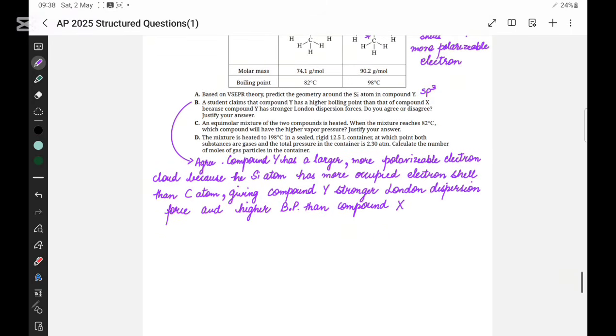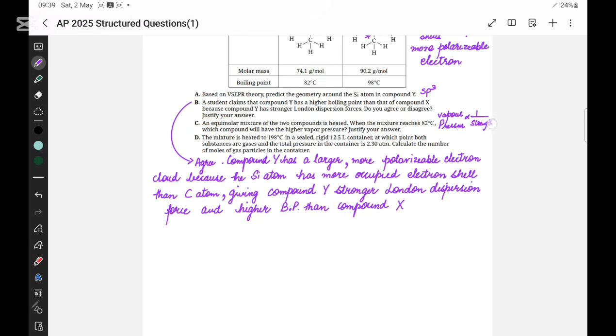They are saying an equimolar mixture of two compounds is heated. When the mixture reaches 82 degrees Celsius, which compound will have higher vapor pressure? Basically, vapor pressure is inversely proportional to the strength of force.